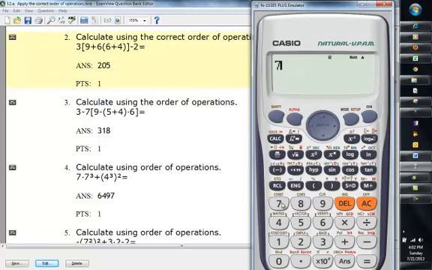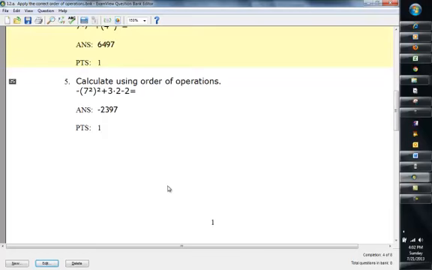Next one, 7 times 7, and you're going to have to use the to the key, to the third, and then go over one so that you get back down on the line, plus parentheses 4 to the third, and then go back down to the line, close parentheses, squared. And you get 6,497.